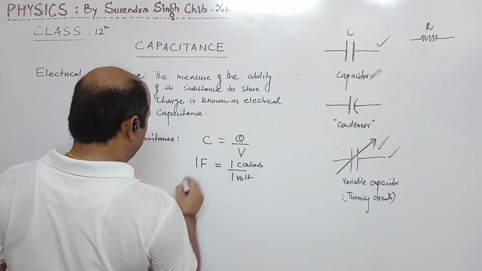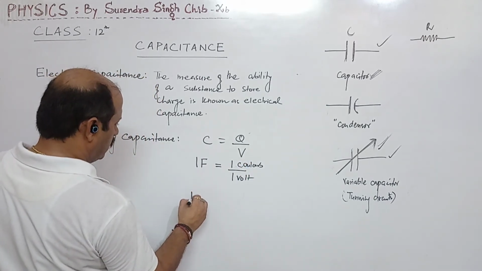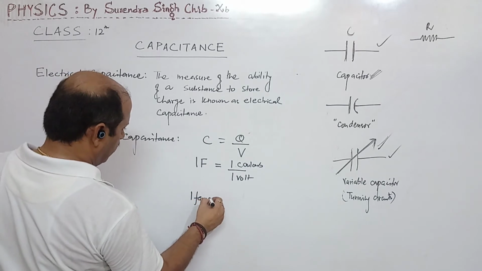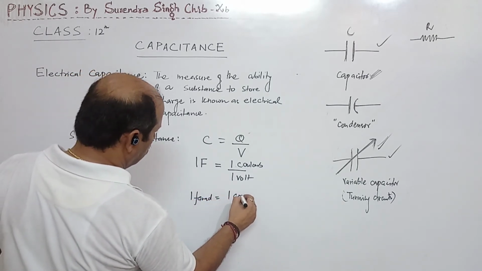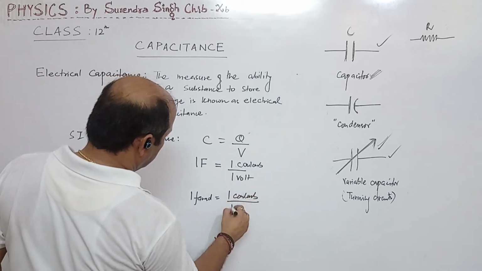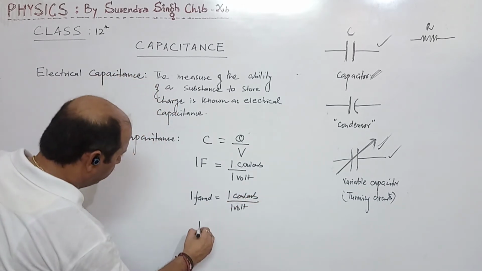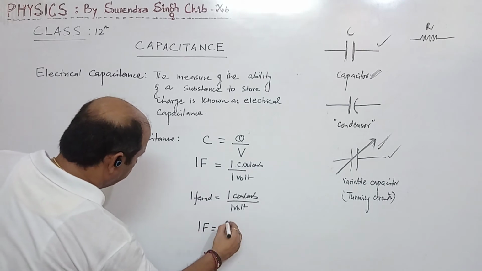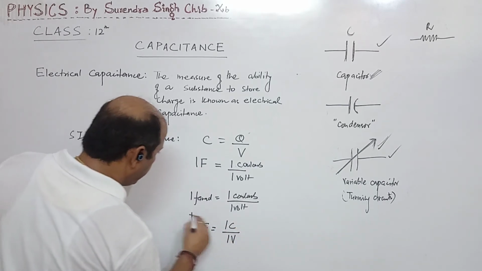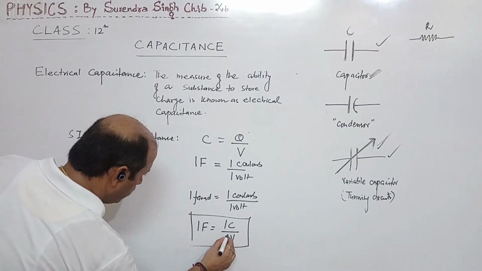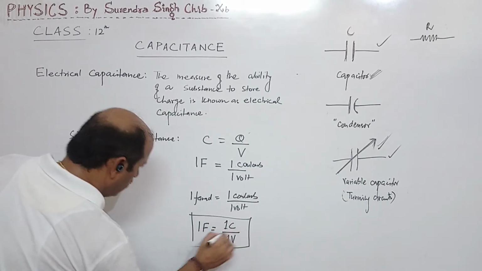This is 1 farad. The symbol of farad is capital F, 1 coulomb upon 1 volt, or simply V.